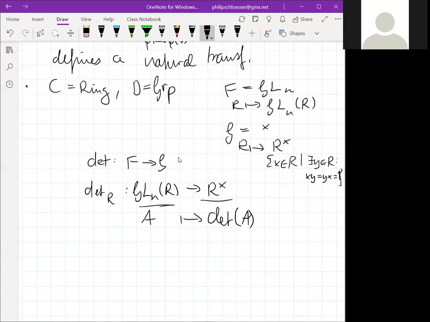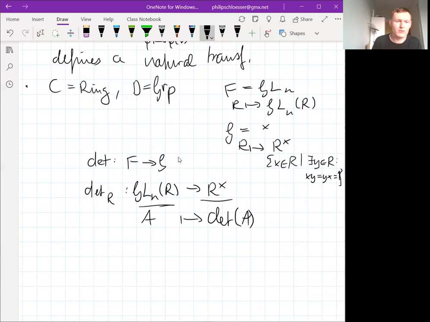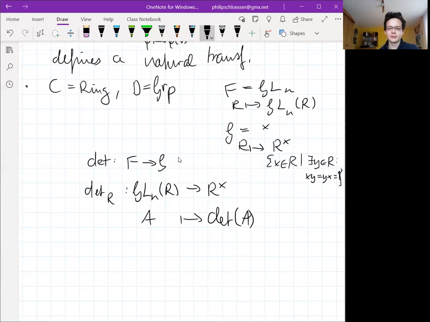To define a determinant, why do we need the notion of D equals group? Oh, we don't need a group to define our determinant. It's just that if we restrict the determinant map to the invertible matrices, then we get an invertible element of our underlying ring. You somehow want the determinant to be compatible with the multiplication, I think.